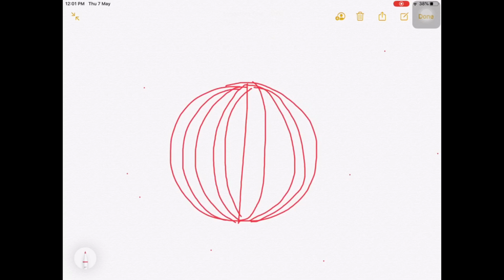After drawing these lines, the center line you can choose as 0 degree. Then for the next line, you need to write 15 degree.